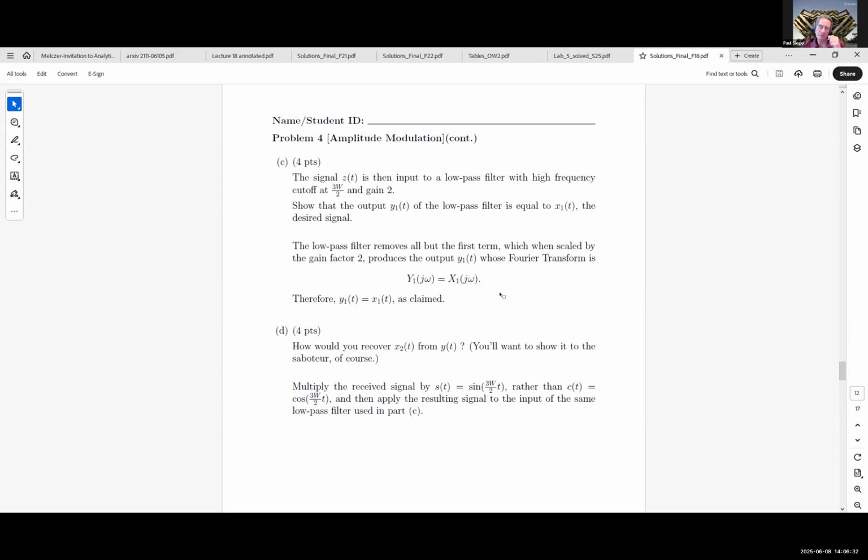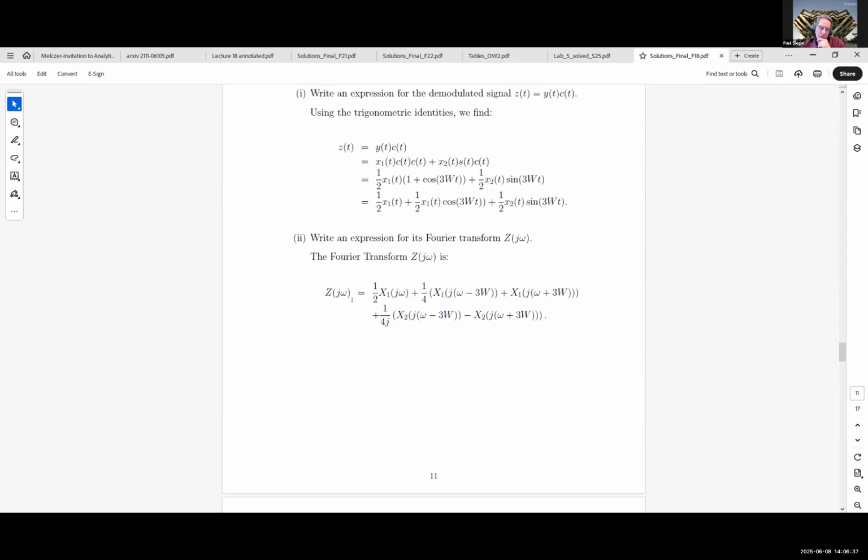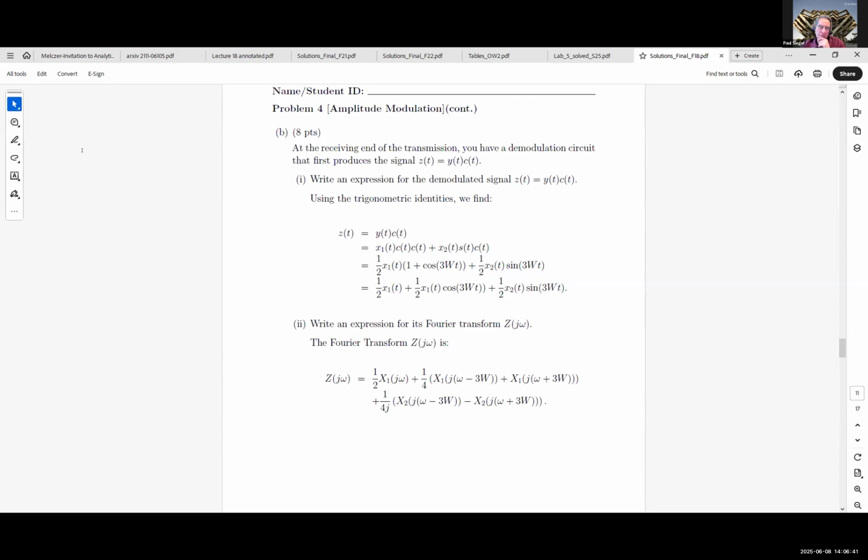There are pictures shown here, but if we look at this expression that we computed for z of j omega, what we see is that we have a term which is just x1 of j omega with a scale factor. So that's going to lie in the region from -w to w.